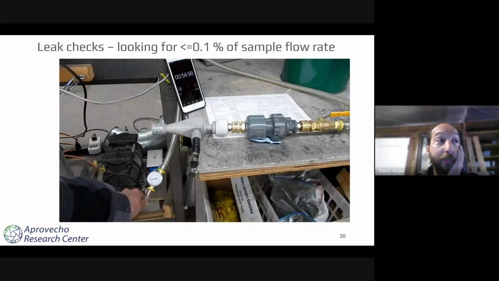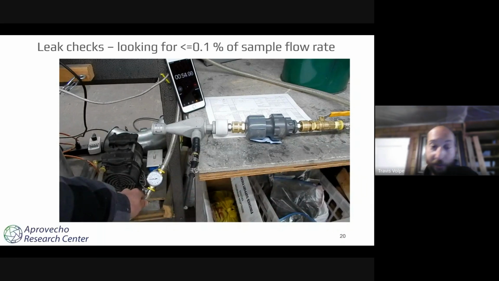One of the easiest and, I would say, oft overlooked quality control checks is just a simple leak check. In this image, we are doing a leak check of the gravimetric system, of the cyclone and the filter holder.